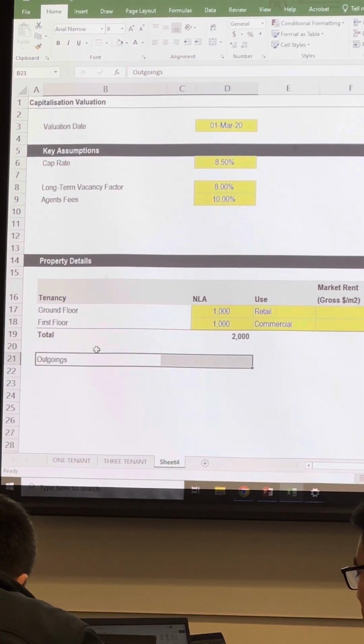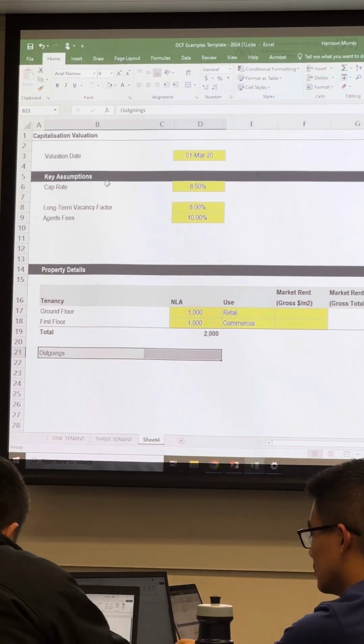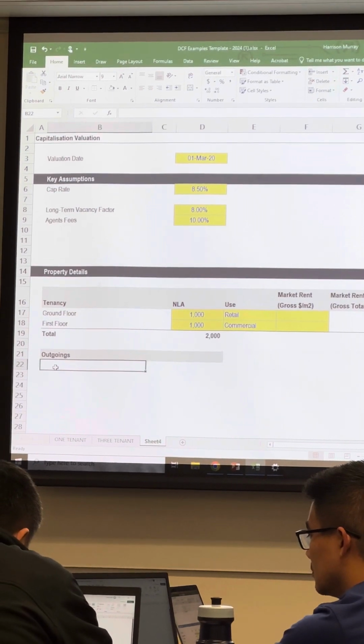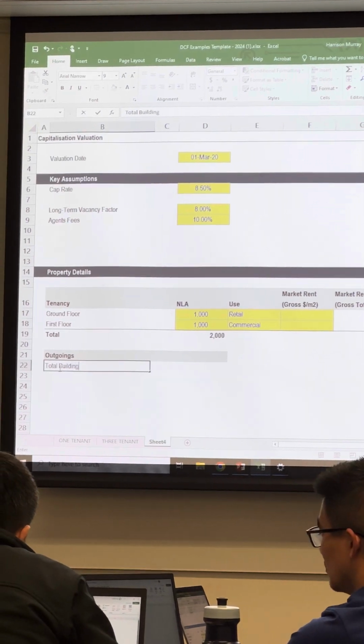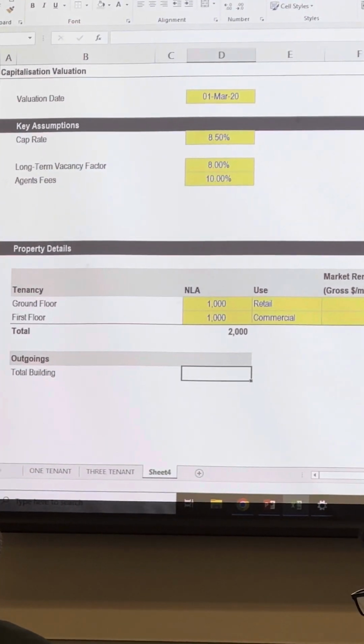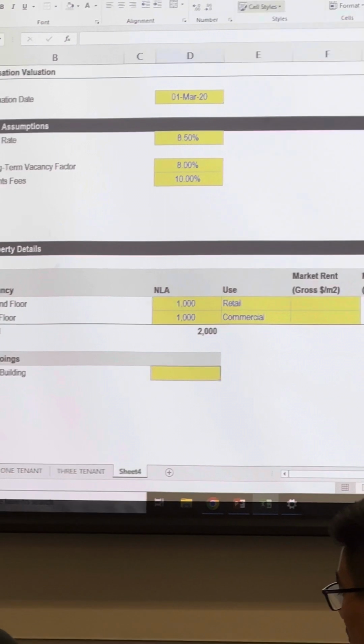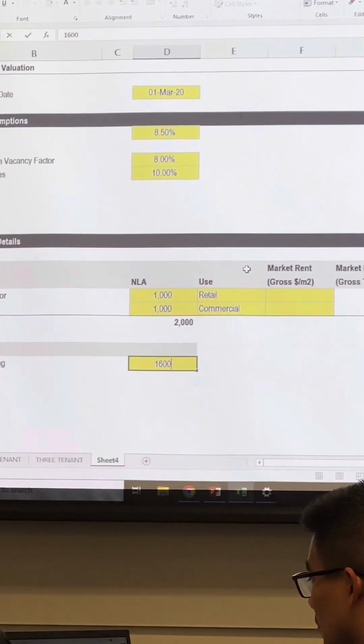Outgoings. So what's the estimate? Estimated 160,000 total building. Yeah, it's 160,000.